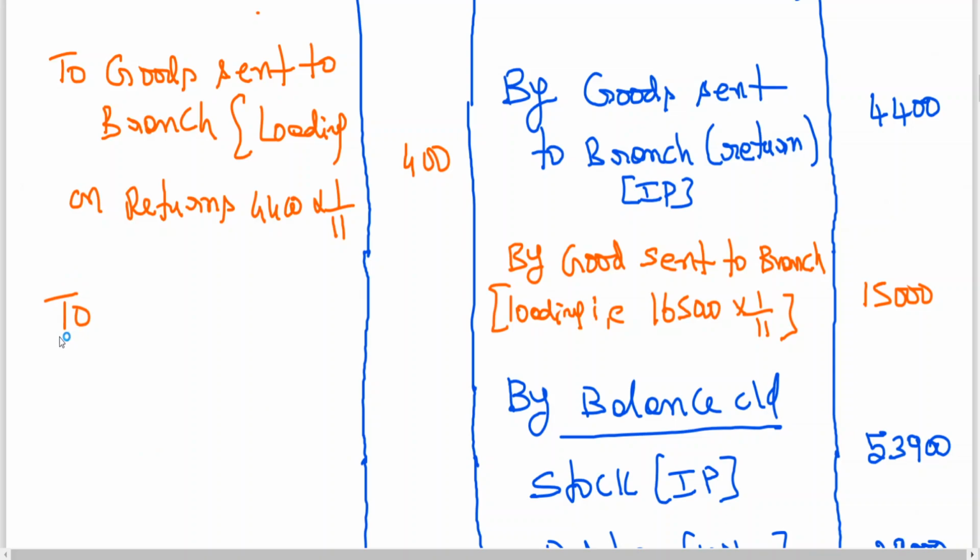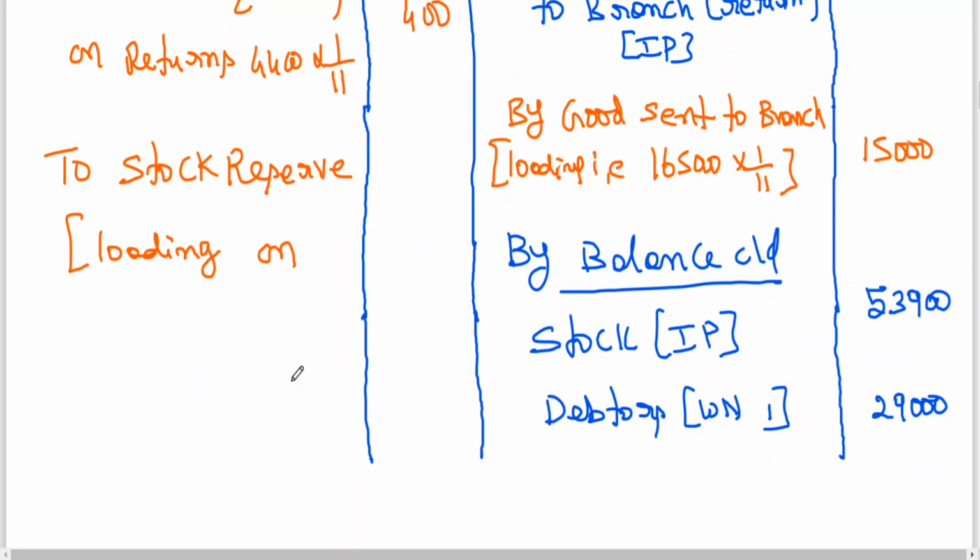We are having loading on 4 items. Opening stock, we don't have opening stock, no loading. Goods sent to branch, second. Goods returned by branch, loading. Closing stock, loading. To stock reserve, loading on closing stock, 53,900 into 1 by 11. It is coming to 4,900.